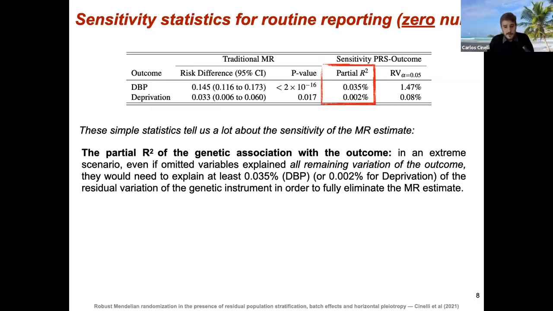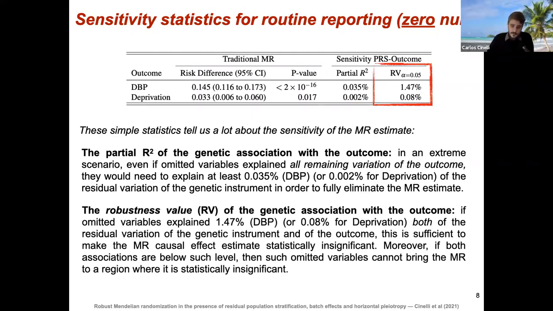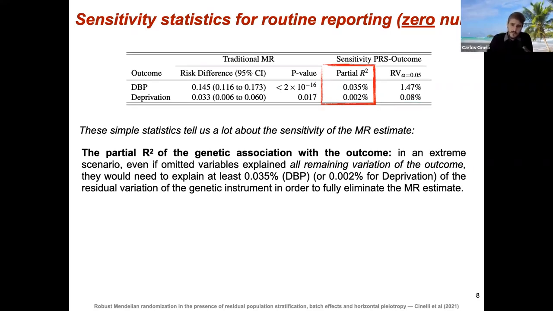Again, the partial R-squared measures how much variation our genetic instrument explains of the outcome trait. But what is perhaps not well known is that this is also a sensitivity statistic to an extreme scenario. So in particular, the partial R-squared of 0.035% for diastolic blood pressure is telling us that in an extreme scenario where unmeasured variables explain all remaining variation of the outcome, they would need to explain at least 0.035% of the residual variation of the genetic instrument in order to fully eliminate the MR estimate.